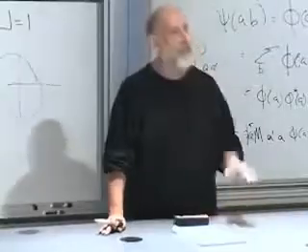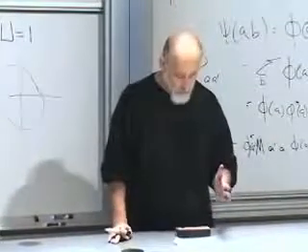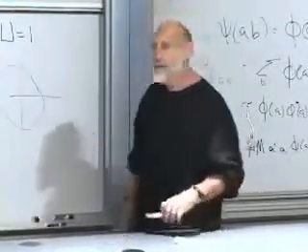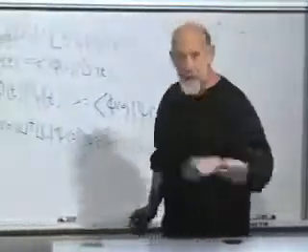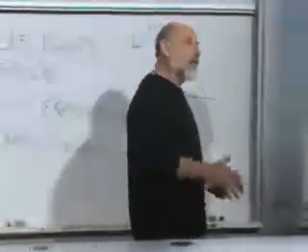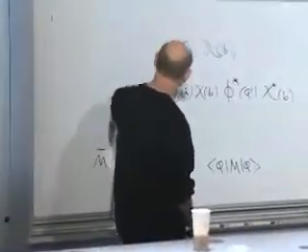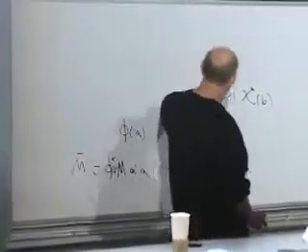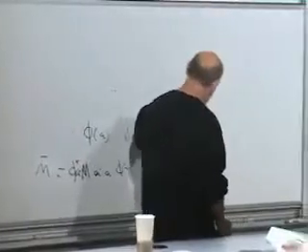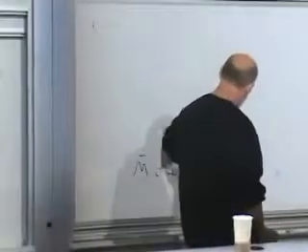Let's imagine a very small time interval, a time interval of magnitude epsilon, where epsilon is a very small number, so small that we can ignore the square of epsilon. In other words, in our equations, we're going to retain things just to first order in epsilon.